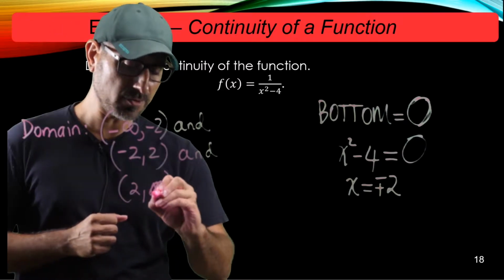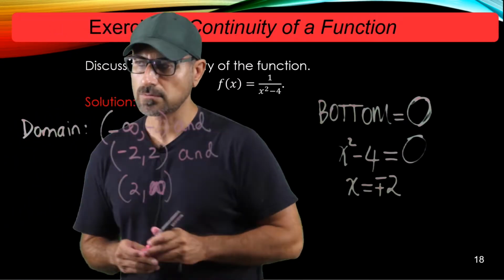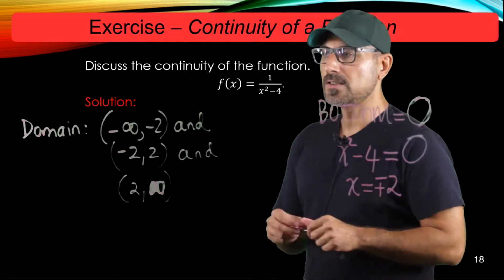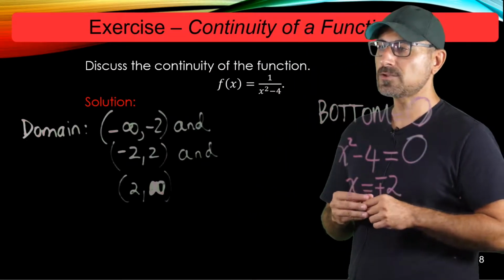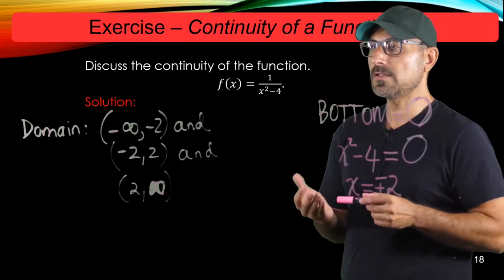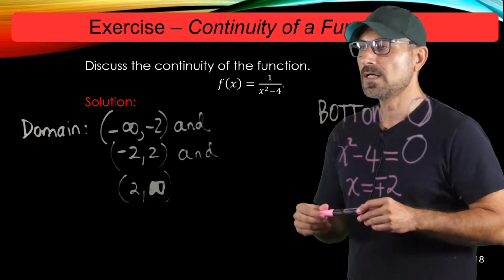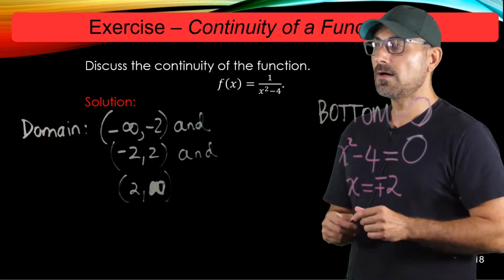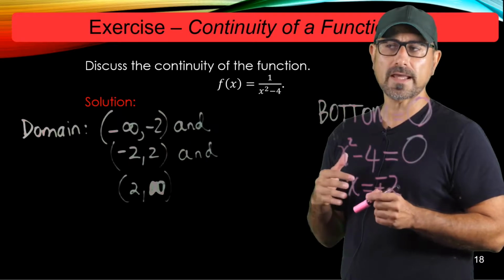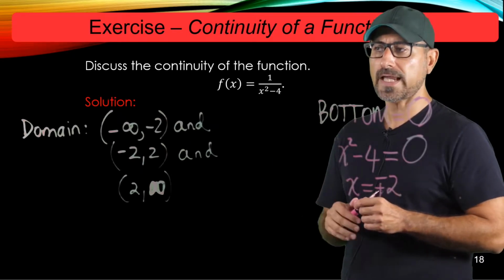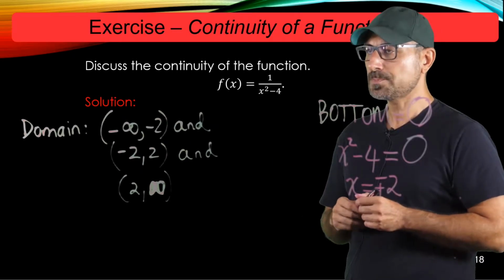Okay, so we're using the interval notation here. The function is not even defined at minus 2 and 2. So, well, the very first condition of continuity fails. So we can immediately conclude that f is not continuous at negative 2 and 2.